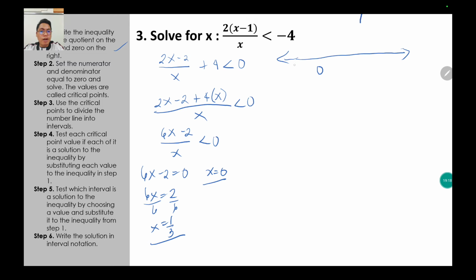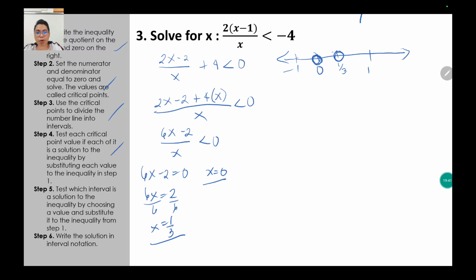So we now have here the 0 and this is our 1 and this is our 1/3. Yan. So ito yung dalawang value natin. So we're done with the second. Use the critical point to divide the number line into intervals. We have 0 and 1/3 and 1, and we have here negative 1.